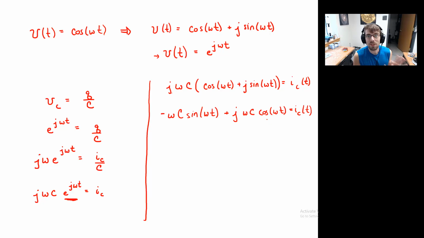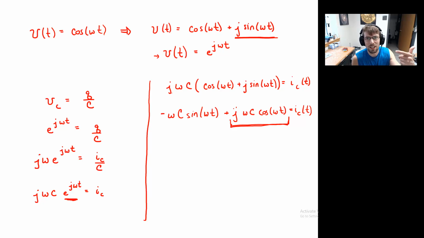Now that we've successfully separated out terms involving the imaginary number and terms that are real, we say: when we introduced j sine of omega t in the potential, that resulted in this term appearing in our final answer, right?